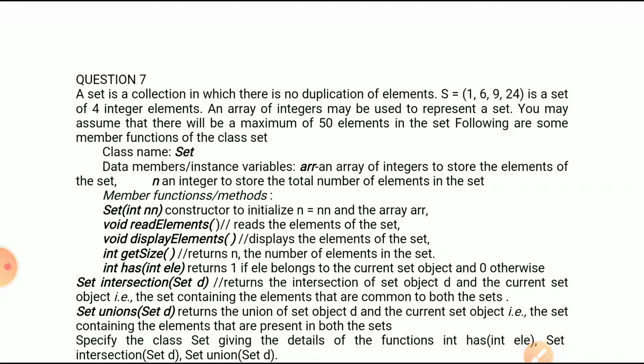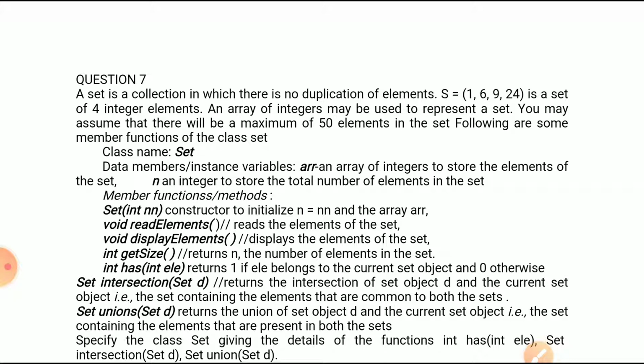A set is a collection in which there is no duplication of elements. For example, an array S having 1, 6, 9 and 24 is a set of 4 integer elements. An array of integers may be used to represent a set. You may assume that there will be a maximum of 50 elements in a set.